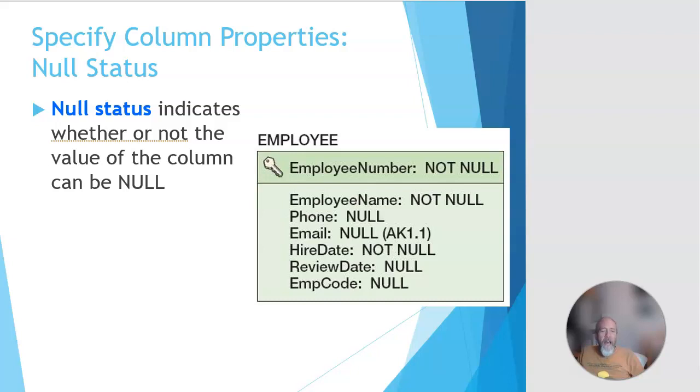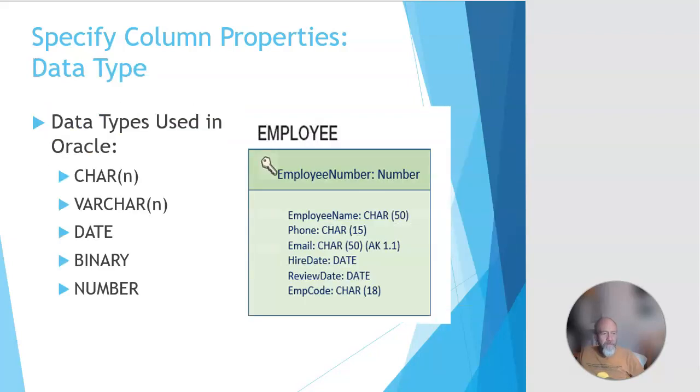It must have a value. And that doesn't mean a blank value. It doesn't mean a value of 0 or a blank string, a string with no characters. Null is its own thing. It means nothing has been entered there.